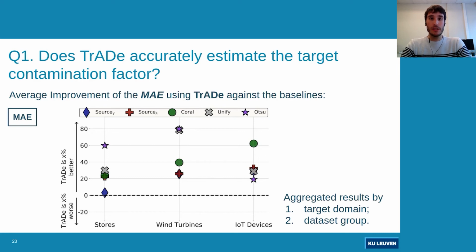We aggregate results by target domain, and here, just for clarity, we also aggregate them by dataset group. The plot shows that our method on average estimates the contamination factor better than all the baselines in each dataset group, showing an improvement from around 5% on the store data till around 80% on the wind turbines data.